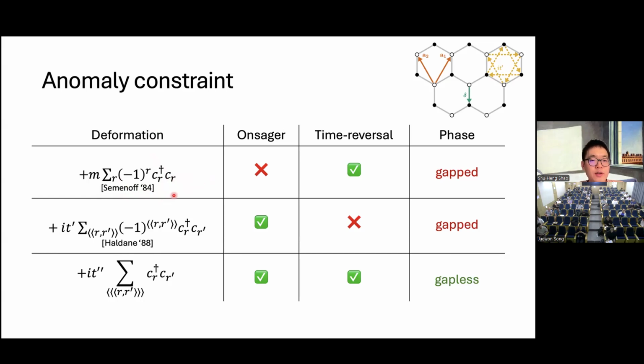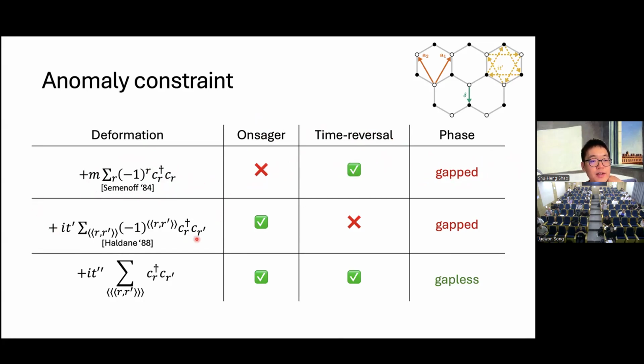This essentially gives the continuum Dirac fermion a mass. It breaks the Onsager symmetry but preserves time reversal, and indeed the low energy phase is gapped. This is consistent with the fact that you break the Onsager symmetry, so there's no more anomaly.